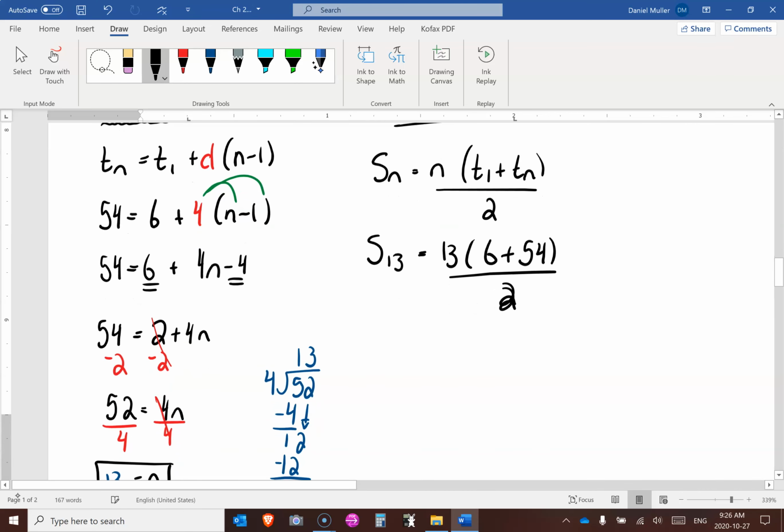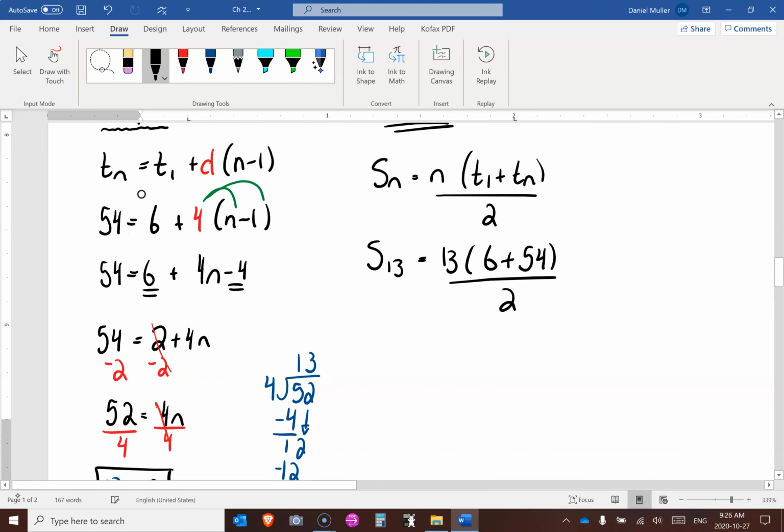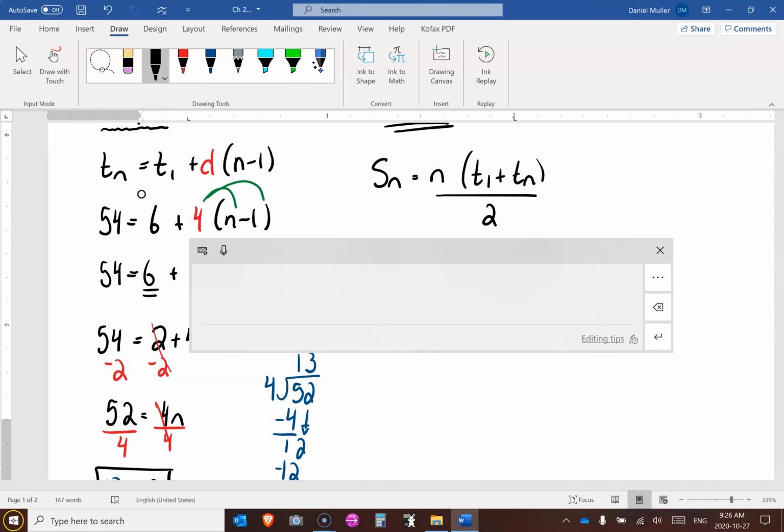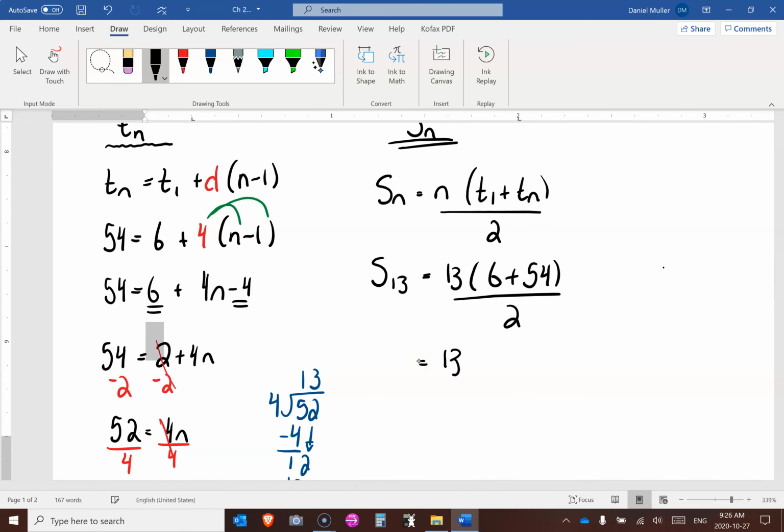Now I can't do the 13 minus 2 simplification that I was hoping to do before, so I'm just going to have to leave the 13. And 54 plus 6 is 60, divided by 2.